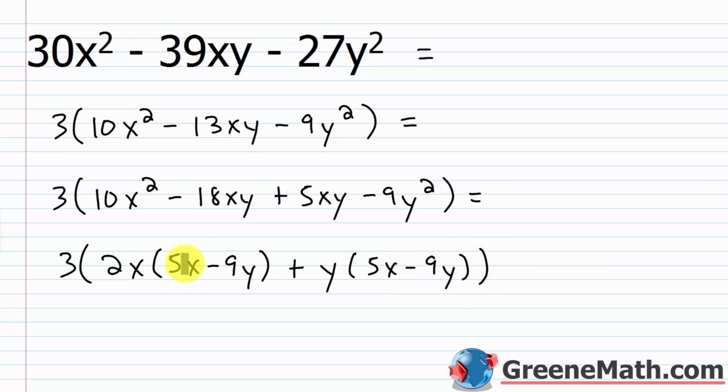So you have a common binomial factor of 5x minus 9y. And if we pull that out, you would have 3 times your 5x minus 9y, and then your 2x plus your y. Okay? So this factors into 3 times the quantity 5x minus 9y times the quantity 2x plus y.